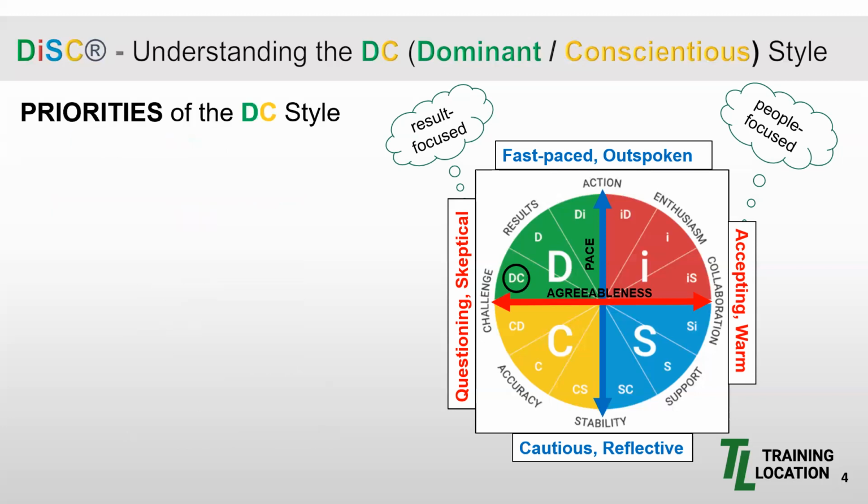Let's begin by examining the priorities. Now, priorities, they're listed around the circumference of the model there, are the primary areas where people focus their energy depending on their style. Everyone has at least 3 priorities. Sometimes you'll have 4, maybe even 5. Having more is no better or worse than having 3. So I'm sharing priorities from the Everything DiSC workplace profile in this example.